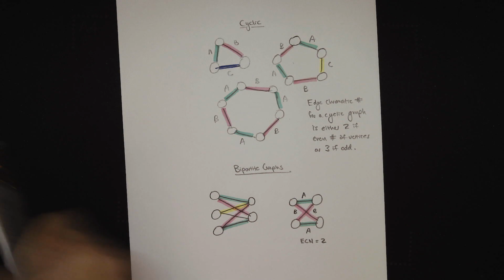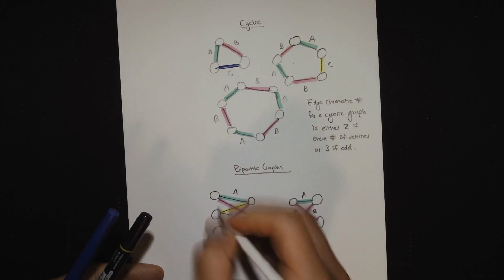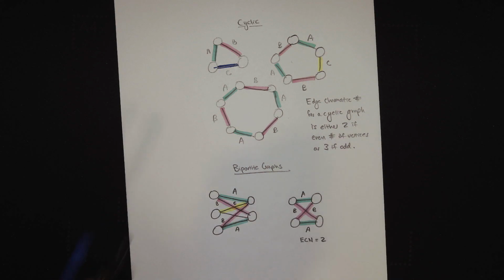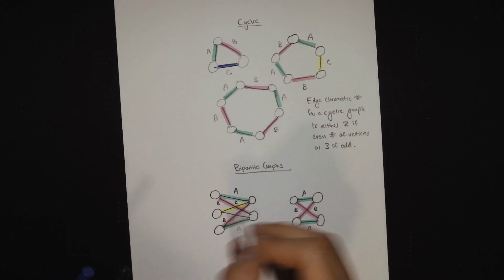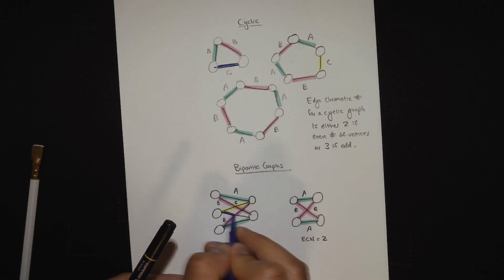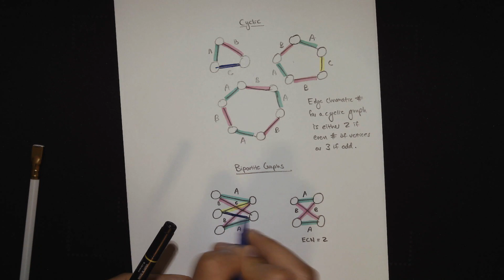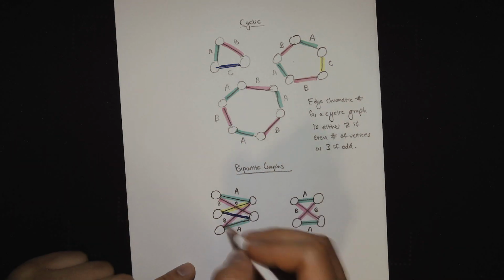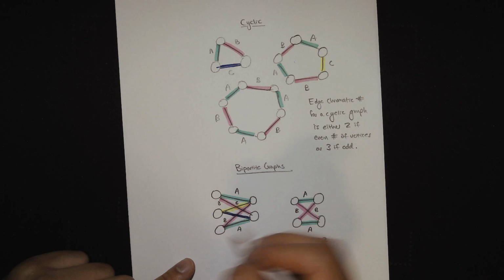I should be giving these labels as well: A, B, B, C for that color for this edge, and then this would have to be a different color from both. So this is not optimal, because as we'll see, we'll find a different edge coloring. So this is not a minimum edge coloring of this graph.